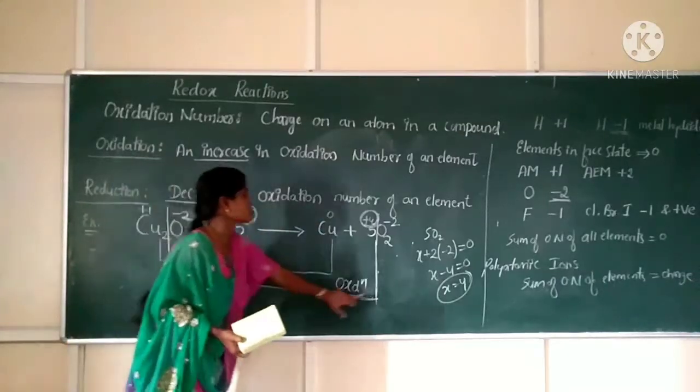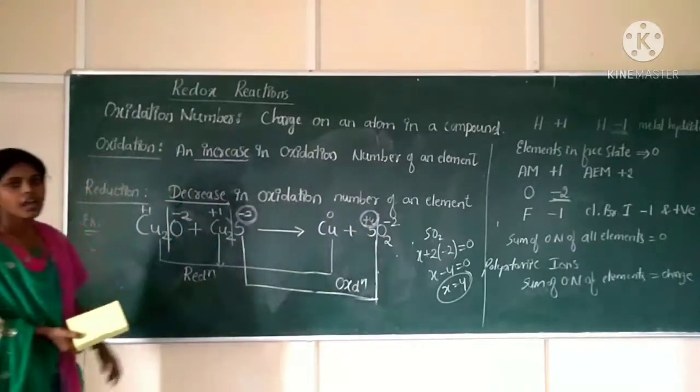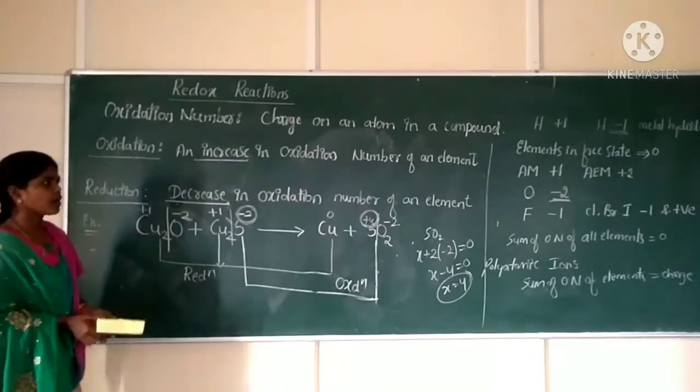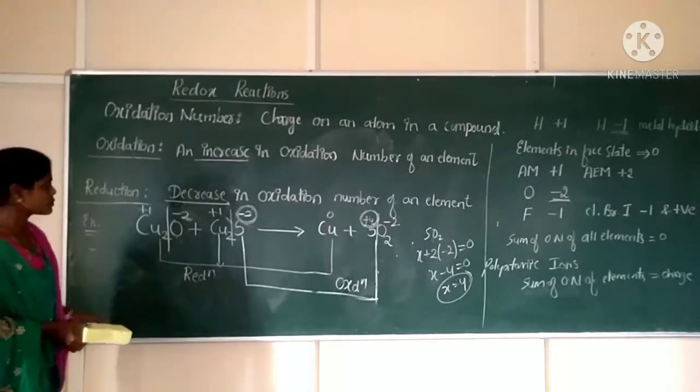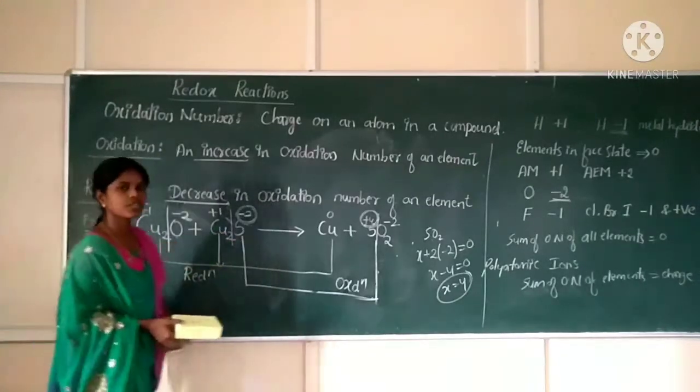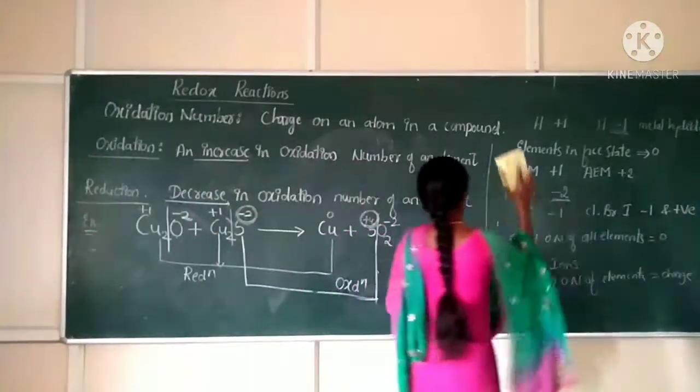An increase in oxidation number is called oxidation. Clear? So copper is undergoing reduction. Sulfur is undergoing oxidation.